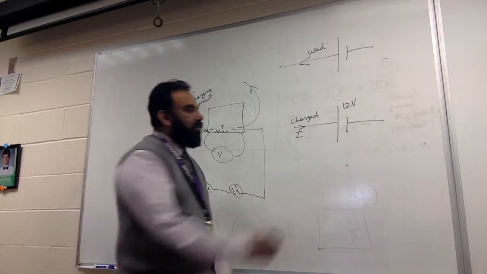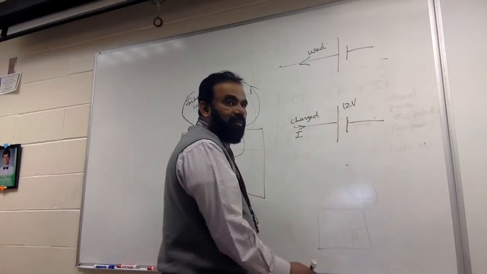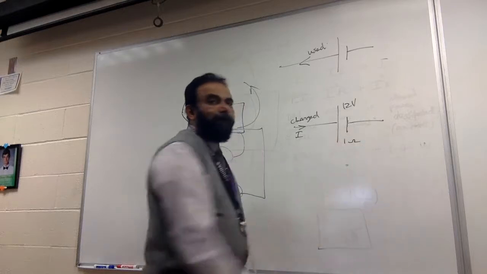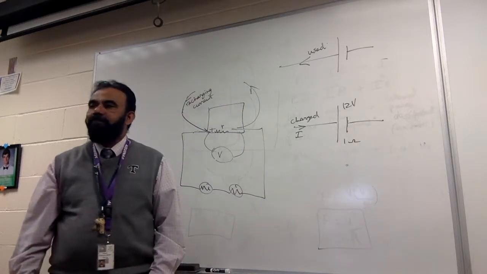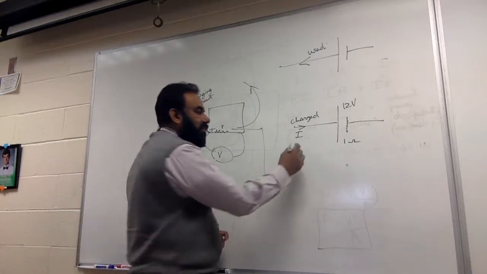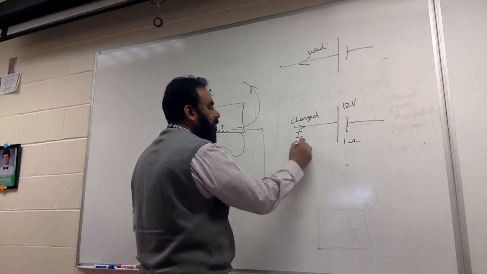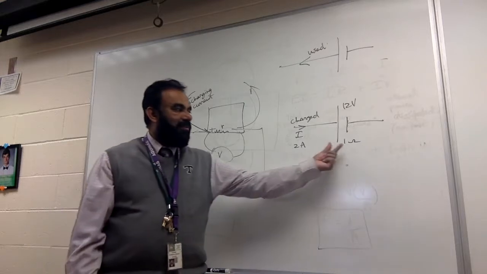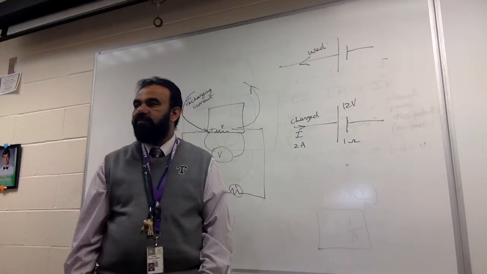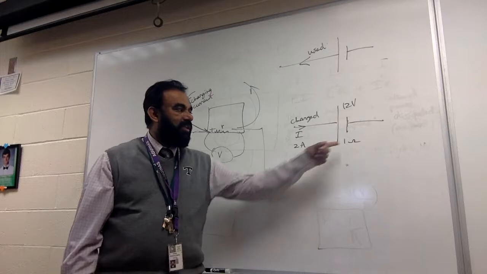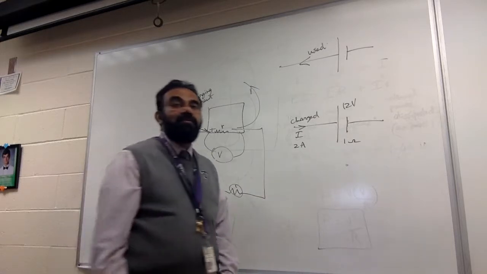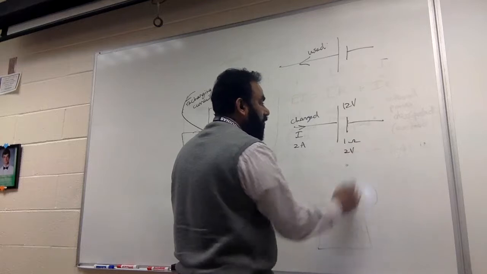Right? Now suppose the internal resistance is 1 ohm, and this current is 2 amperes, the charging current is 2 amperes. How many volts are across the internal resistance? How much? 2 volts.